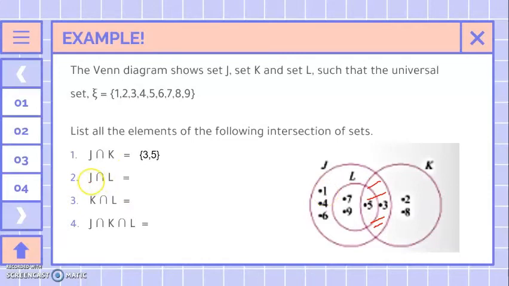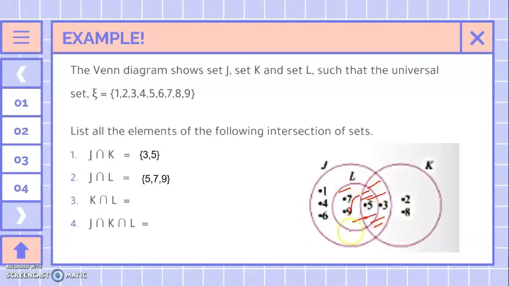For number 2, set J intersect with L. So you have the region here, J and L. So the answer is 5, 7, and 9. For number 3, set K intersect with L. We have set K and L. So the intersection is right here.